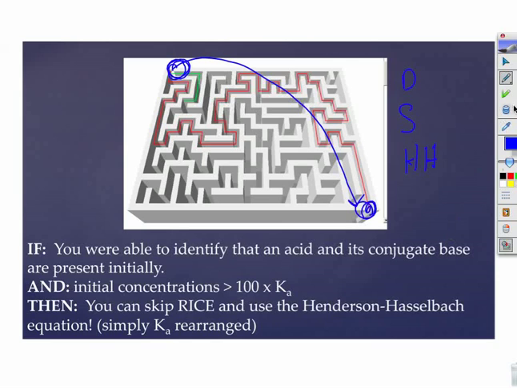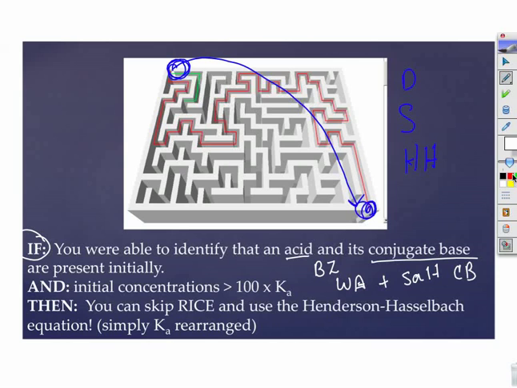It's a shortcut through the maze, and you are allowed to do it only under a few conditions. One, you identify that you have an acid and its conjugate base. This can be the buffer zone of a titration, or you could have a weak acid plus a salt of the conjugate base. That's why I wanted you to recognize what a salt of the conjugate base looked like.